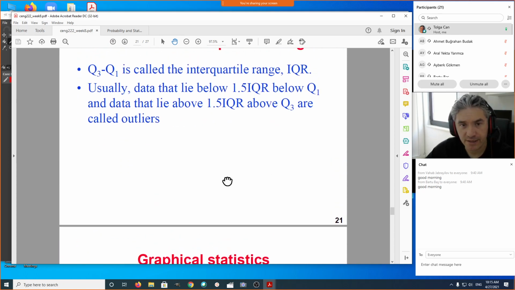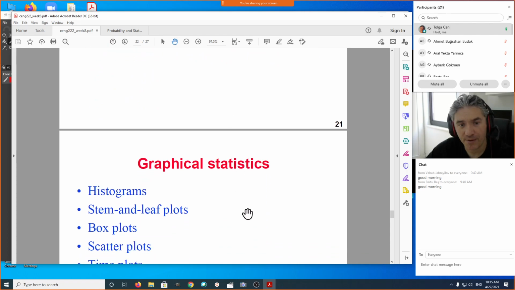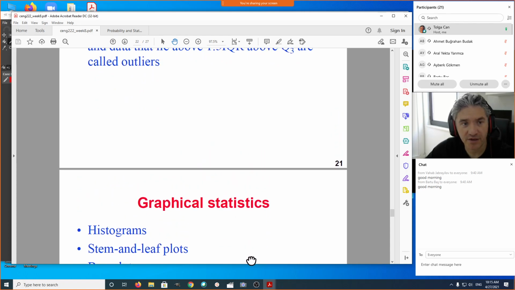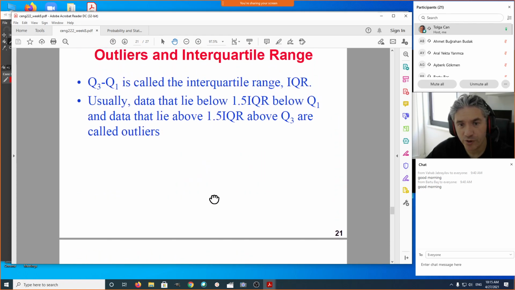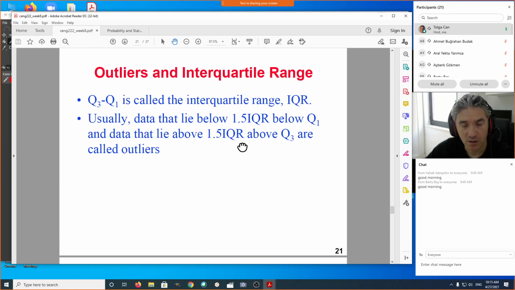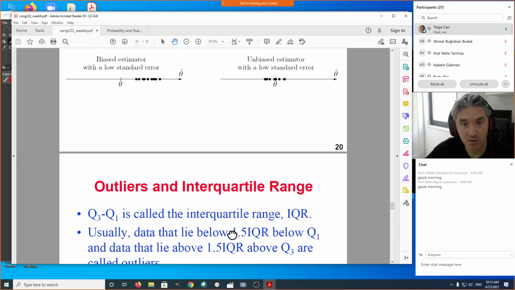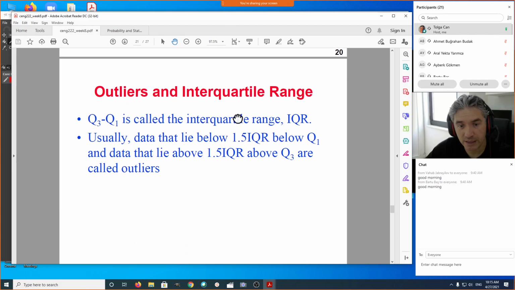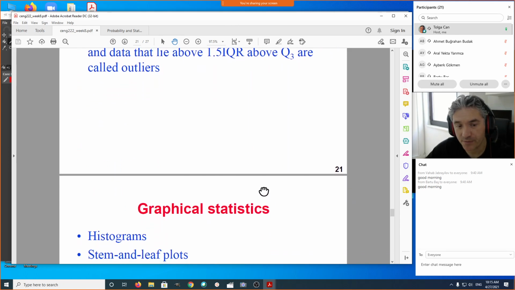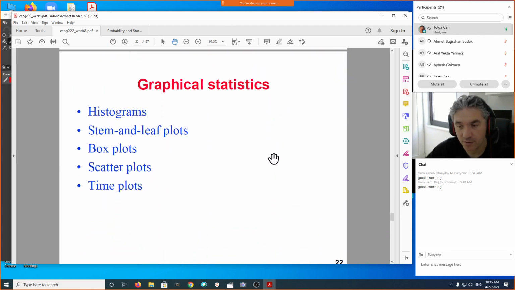And the final thing that I want to discuss about chapter 8 is graphical statistics. So any question up to now about this interquartile range or the outlier rule we had here, or anything that we have covered up to now in chapter 8? If there are any questions, you may write in the chat box.